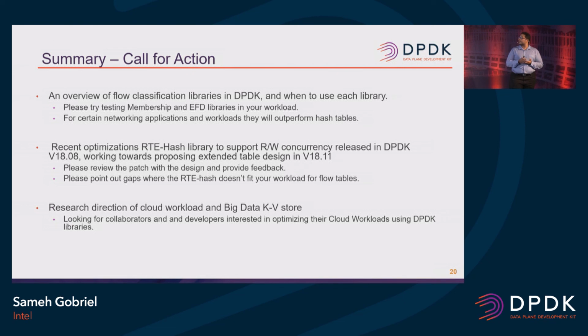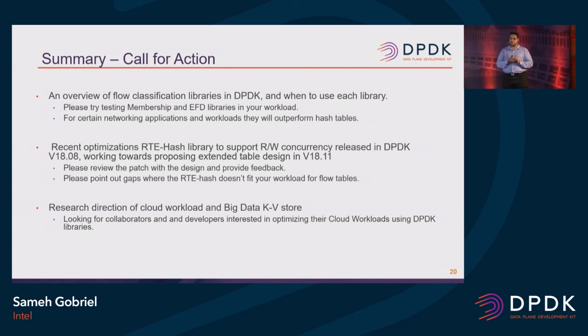So, as a summary of my talk, we had an overview of the flow classification in DPDK. Please try all the libraries in DPDK, and if you have a workload that will benefit from one of them, make use of it. Don't always go to the hash table. For certain network workloads, the membership library and the FD will make sense.